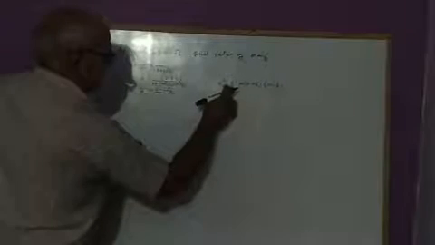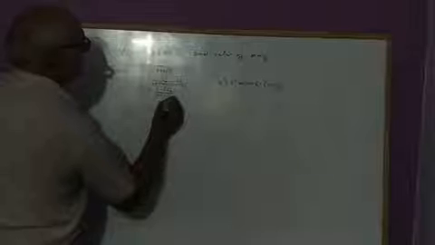Now this is equal to a square minus b square. The value of a is equal to 3, so 3 square minus 2 root 2 square.